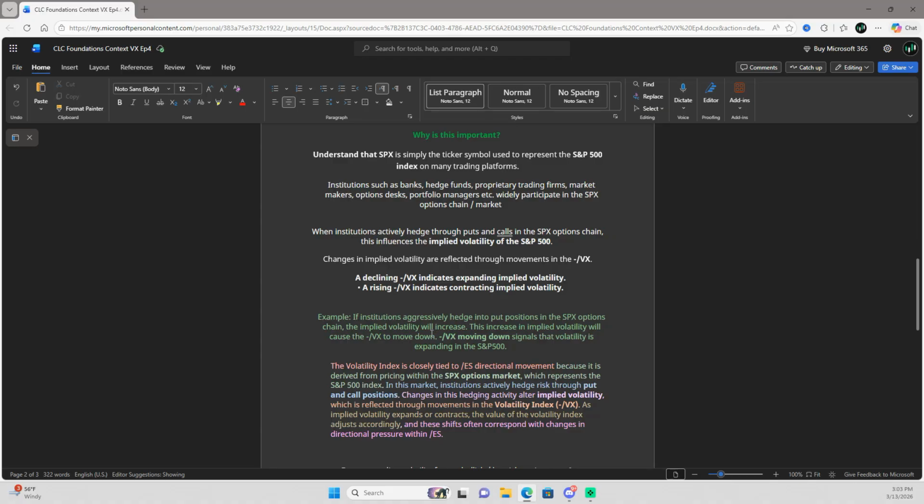And the same exact thing is true on the flip side. If Goldman Sachs is hedging into call positions or buy positions in the SPX options chain, then implied volatility is going to decrease. That decrease in implied volatility will cause the inverse volatility index to move upwards.